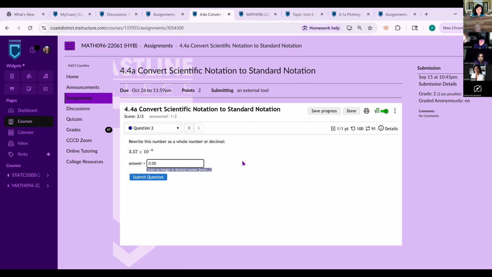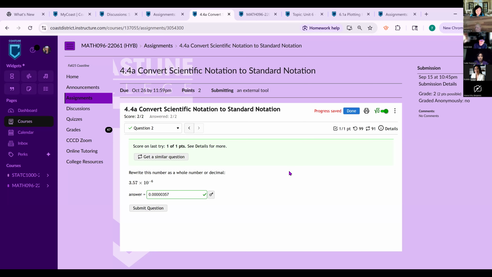I have to write it down. I can't do it like this. I'm getting thrown off. 1, 2, 3, 4, 5. Now you have 6 zeros there. Just 5, isn't it? Typing in 3, 5, 7. I had to write it down. I can't just do it. Okay, that's fine. Okay, I should have gotten it right.